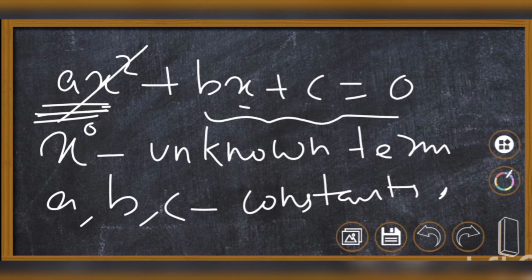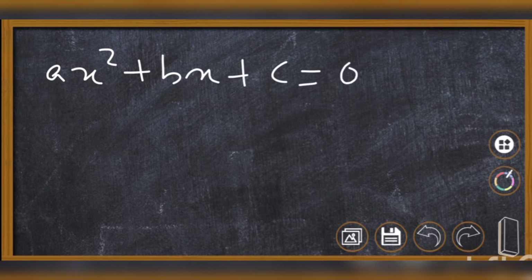Now, the basic equation is ax square plus bx plus c is equal to 0, and a, b, c are constants where a is not equal to 0. In the first form, both the signs of b and c are positive.